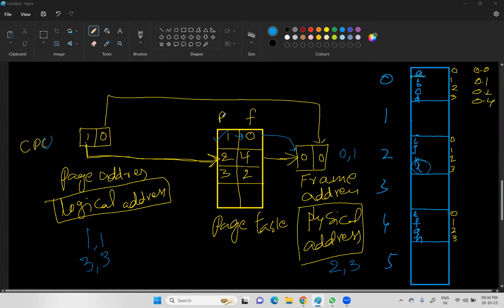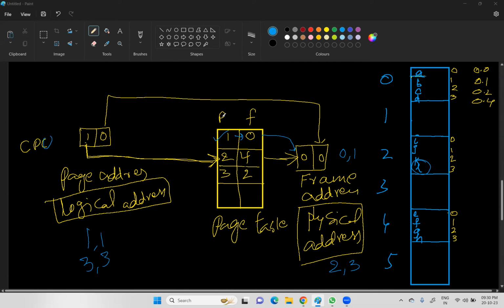Picking up one instruction from the random access memory takes 1 unit of time, so if you have 1,000 instructions, 1,000 units of time will be taken. So this could be the problem. Continuously identifying the frame address, that is the physical address, picking up the instruction and executing it will take a huge amount of time.